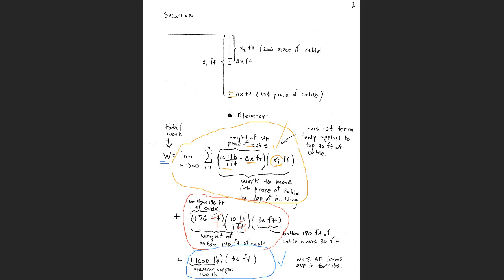Of course, we're going to take the limit as n goes to infinity of this Riemann sum. In other words, that top 30 feet of cable, we can break mathematically into smaller and smaller pieces, each one getting moved to the top of the building, and the force needed to bring that to the top of the building is almost constant for each piece, but it differs from piece to piece, or the work differs from piece to piece because the distance is different.